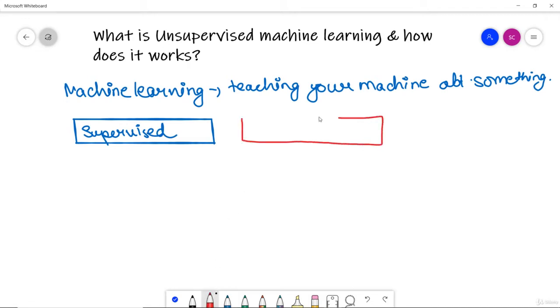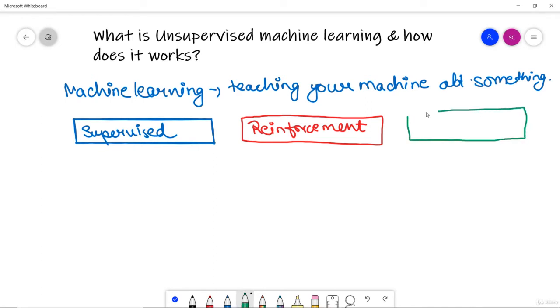Next we discussed reinforcement. And now we are going to discuss unsupervised. So these are the types which we discussed.